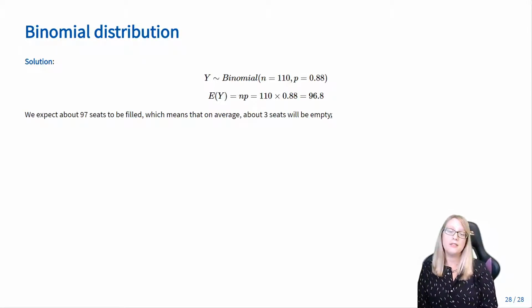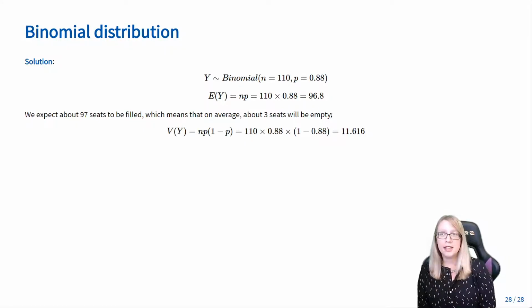So our expected value is n times p, or 110 times 88%, or 96.8. So we expect about 97 of the passengers to show up. That means that on average, if 97 passengers do show up, we can expect about 3 seats to be empty.